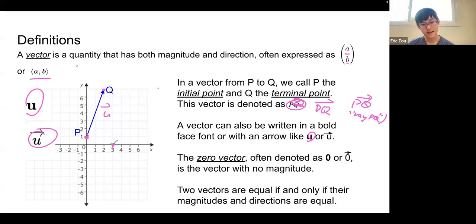Basically it just doesn't move. Two vectors are equal if and only if their magnitudes and directions are equal. A vector is like an arrow with a direction, and if the arrows look the same, they should be called the same. That's why mathematicians call two vectors equal if and only if their magnitudes and directions are equal.